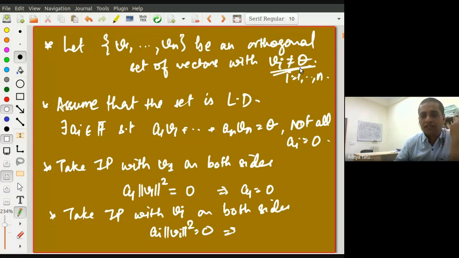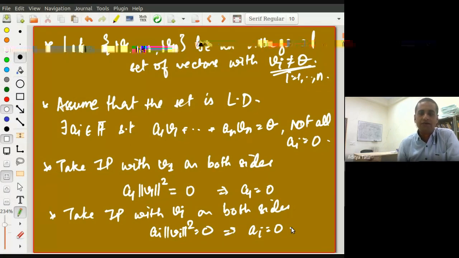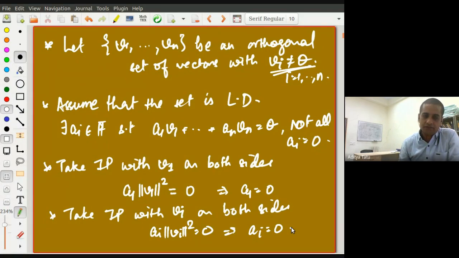If any one of the vi is 0, the set of vectors can still turn out to be orthogonal, but surely it will not turn out to be linearly independent. But now I hope you can see that as long as I have a set of orthogonal vectors where none of the vectors is the zero vector, then they have to be linearly independent.